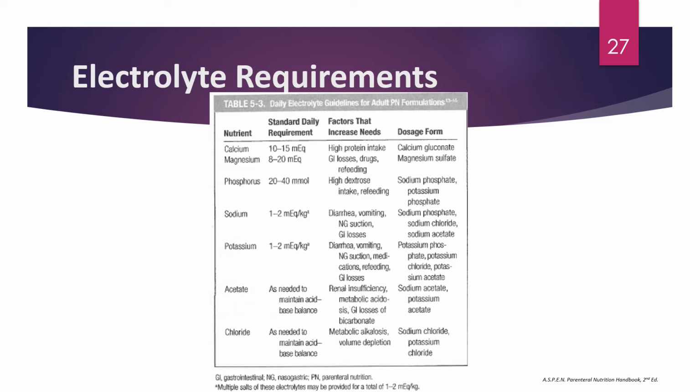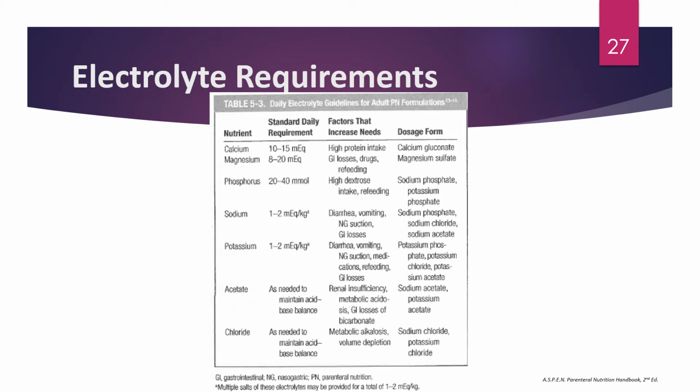So we might balance these out depending on the patient's specific parameters. Otherwise, if the bicarb and the chloride on the BMP are normal, we might give a 50-50 split, or close to a 50-50 split, of these salts in the PN bag.